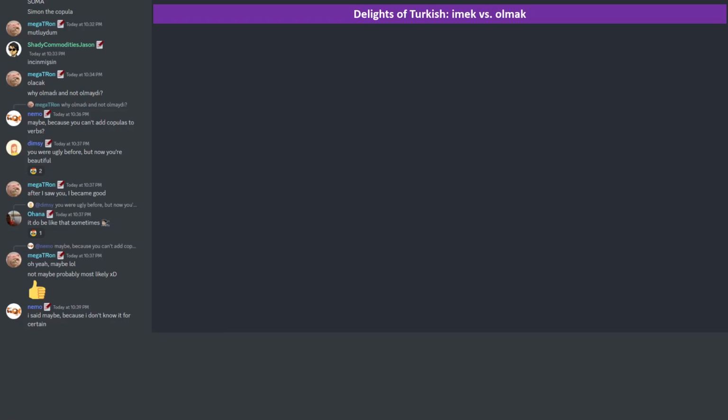Just to visualize the difference. When do we use imek, the copula thing? I will have a few lists here. It is added to nouns and adjectives to make a sentence with them.